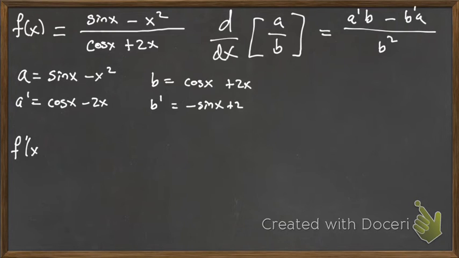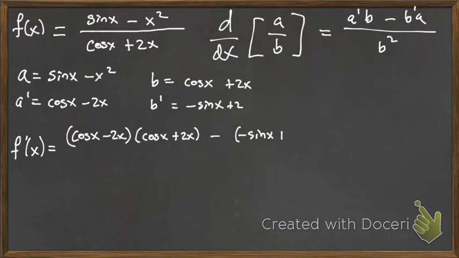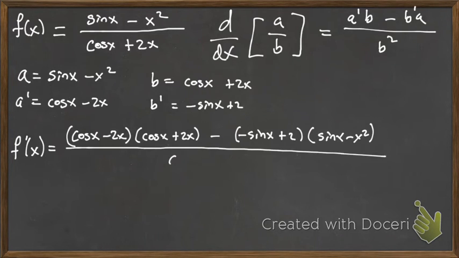Okay, so f prime of x is equal to a prime times b minus b prime times a all over a squared.